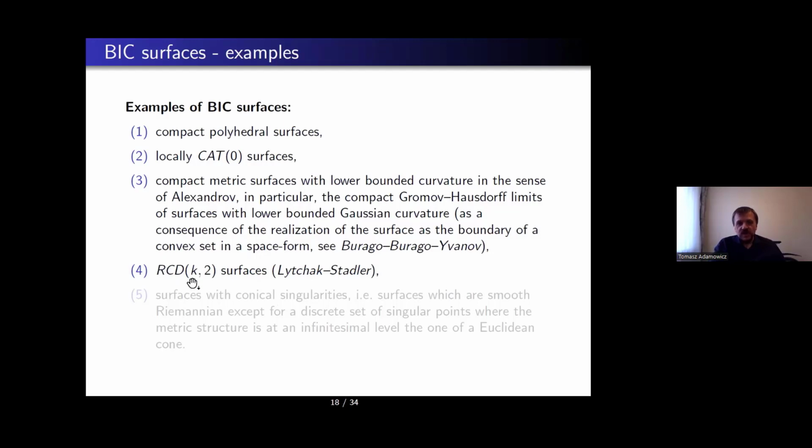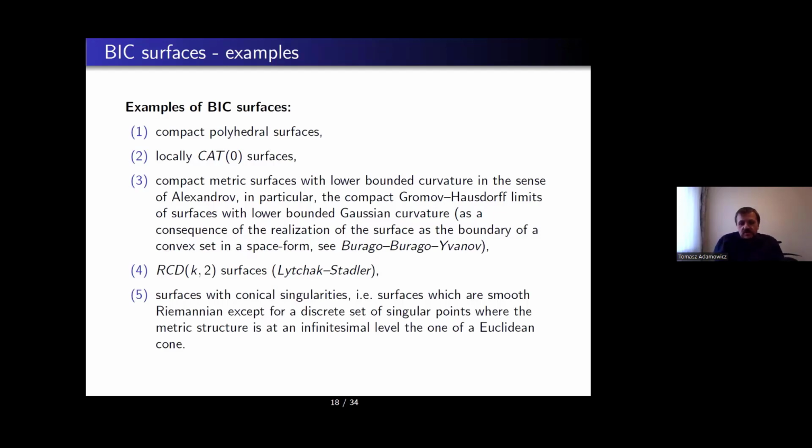RCD stands for the Riemannian curvature dimension condition. Finally, the list of examples closes with surfaces with conical singularities. By this we mean smooth Riemannian surfaces with a discrete set of singularities, where locally the metric structure is equivalent to that of the Euclidean cone.